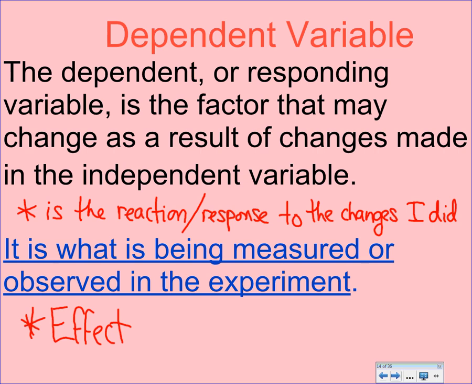And the underlined portion here is really important. If you're having trouble figuring out what the dependent variable is, the dependent variable is what is being measured or observed in the experiment. What were we measuring yesterday in our experiment, in the Marble Boat Challenge?